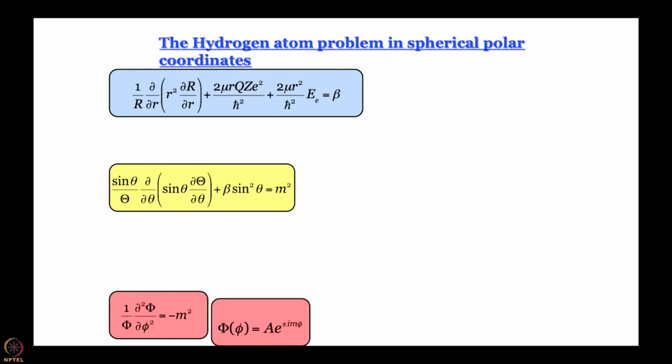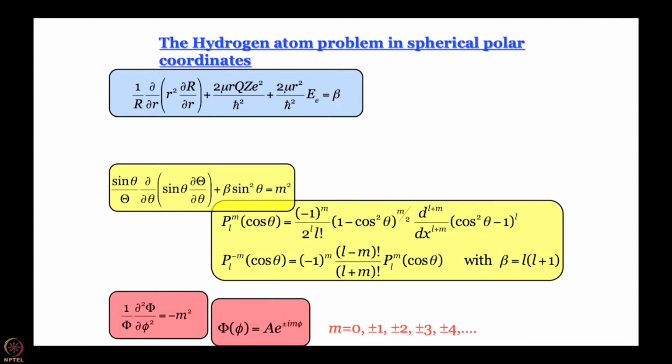For whatever reason I have forgotten to write the normalization constant everywhere, e to the power plus minus i m phi. You could just say e to the power i m phi, because plus minus is incorporated in the values of m themselves. The theta dependent part, we have given you the solution and it is worked out from commutativity of angular momentum component and total angular momentum square.